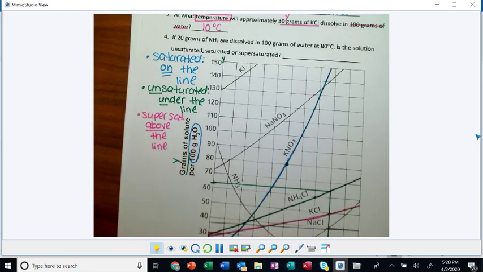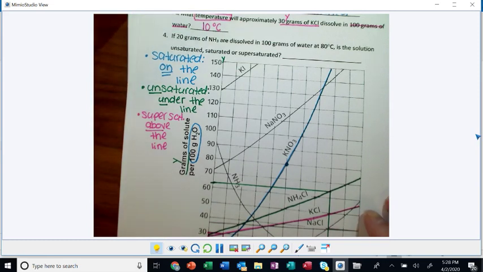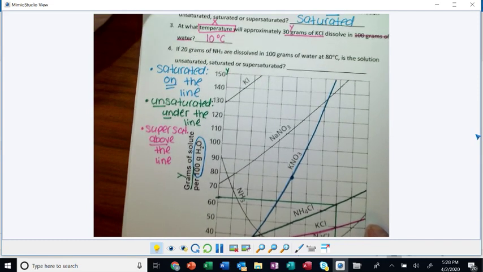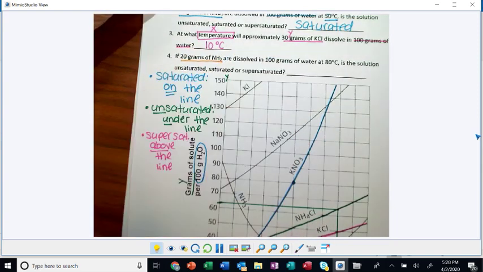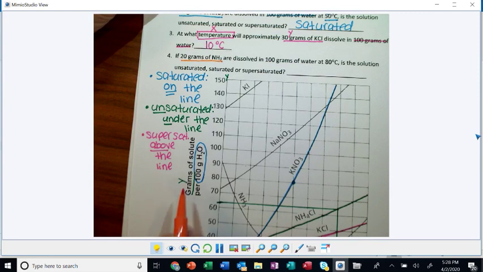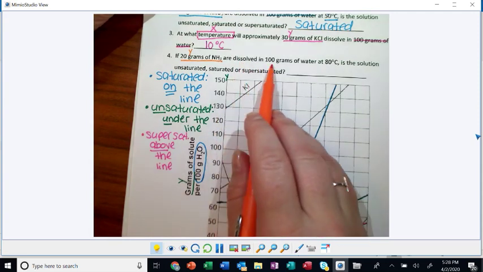One more question for us as far as our examples go. I want to know if 20 grams of NH3 or ammonia, grams again is always the Y, we'll label it, are dissolved in 100 grams of water.